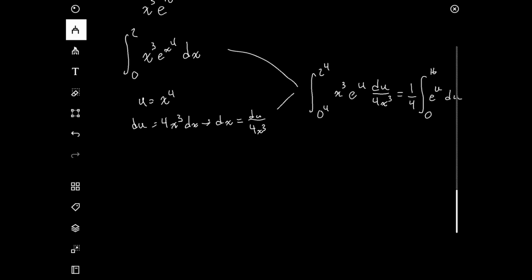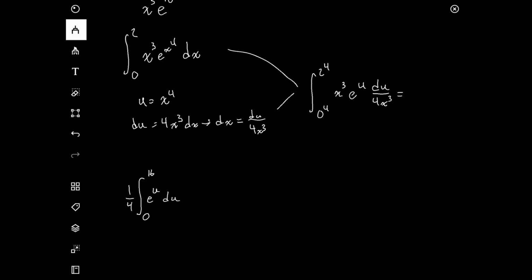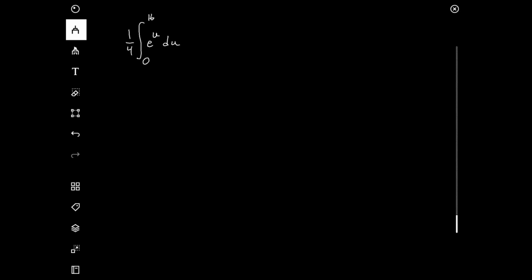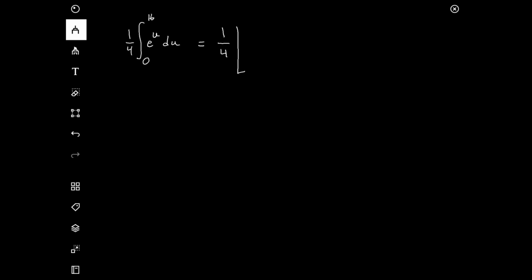The integral of e to the u is e to the u, evaluated from 0 to 16, which is 1/4 times e to the 16th minus e to the 0.